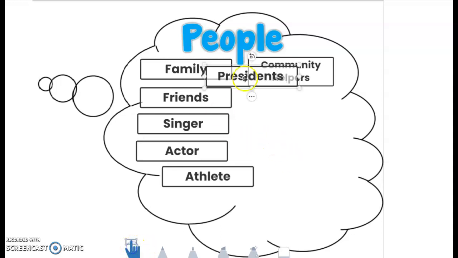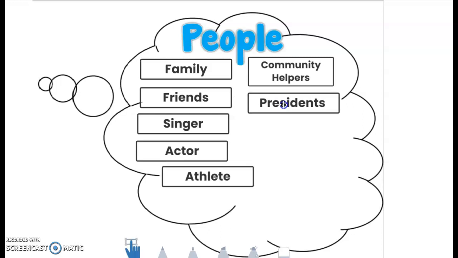Maybe you know a lot about a president, like George Washington, our very first president. Maybe you know about other leaders like Martin Luther King Jr. All right, here are some people that we could write about. So the thing we're going to do first is just make some lists, and you can actually write their names if you know their names, if you know something about them, instead of just putting president.